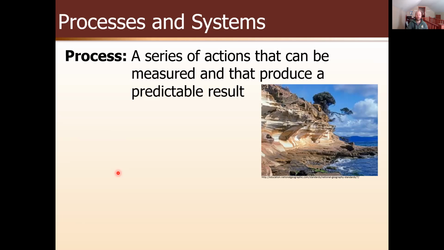All right, so continuing our very brief and very general introduction to physical geography, it is a science very much focused in process, as it's in the definition. And so what is a process, at least scientifically speaking? A process is a series of actions that can be measured and that produce a predictable result. And so we'll be focused on some known processes, sequences and series of actions and expectations.